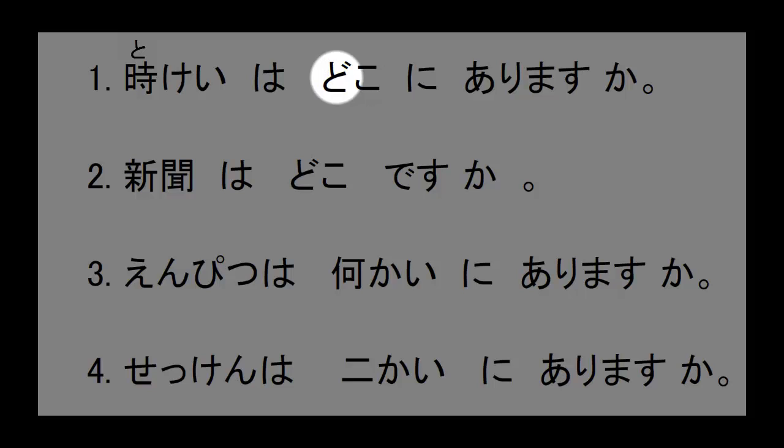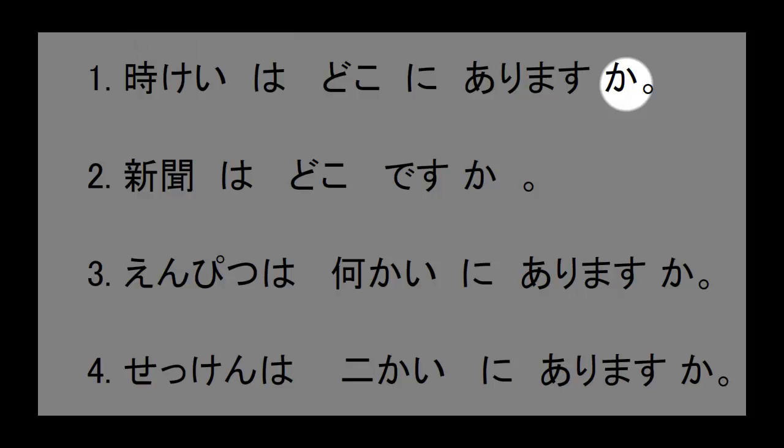And then our sentence begins with our topic, marked by topic particle wa, and we are in fact talking about tokei, the clock. So tokei wa, as for the clock, doko ni, where at, arimasu ka, do you have it or is there? So if you put it together, where is the clock?